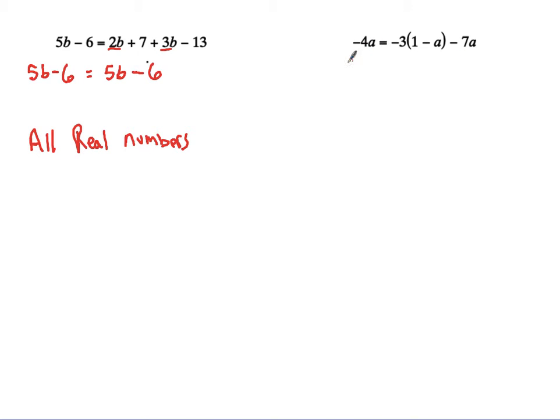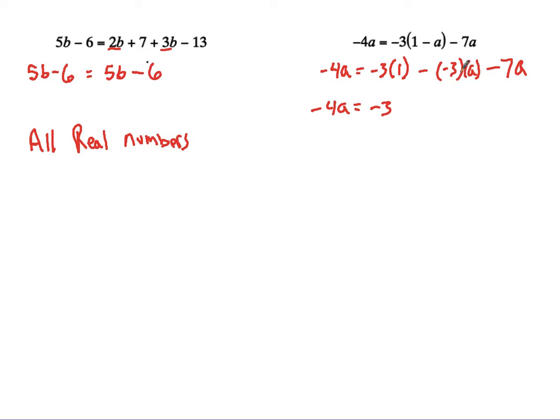Okay, let's try this one. So negative 4a equals negative 3 times 1 minus negative 3 times a minus 7a. All right, so that's negative 4a equals negative 3.